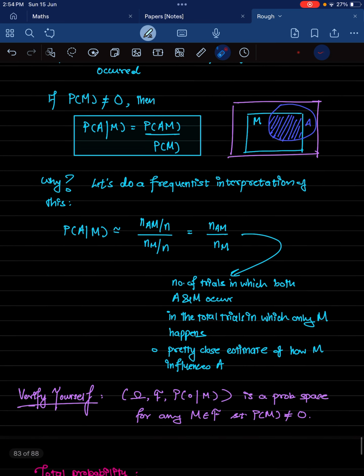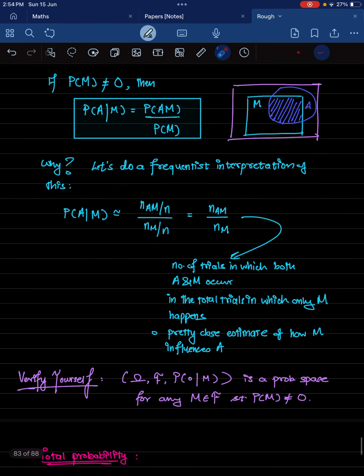And the probability in the frequentist approach is what it's all about: the trials in which A and M occur together over the number of trials in which only M occurs. So you're basically reducing your sample space to something where only M occurs.